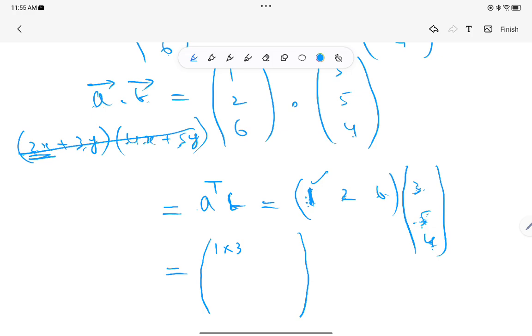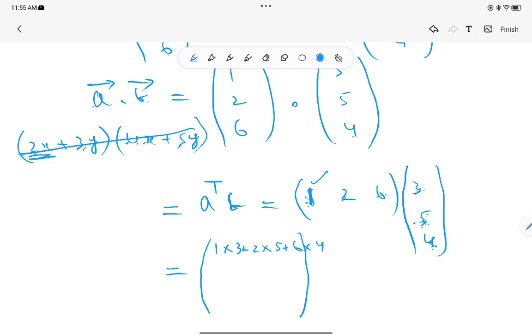There cannot be cross terms at all. The second term is 2 into 5. This is product 1 into 3, product 2 into 5, product 6 into 4, and you have to take the sum of those products, that is 6 into 4 lastly. This is all about this dot product.